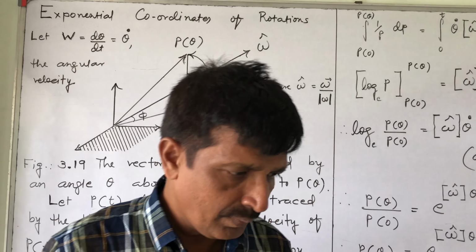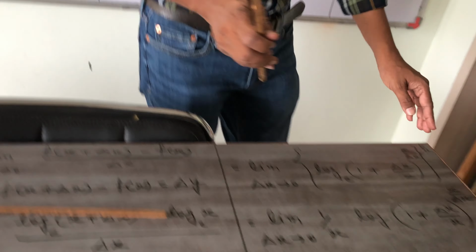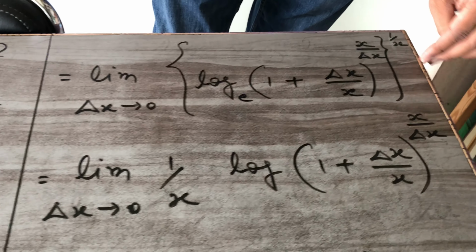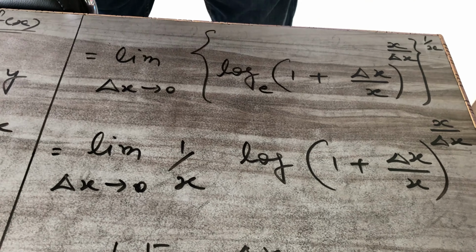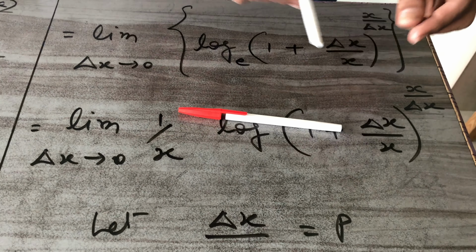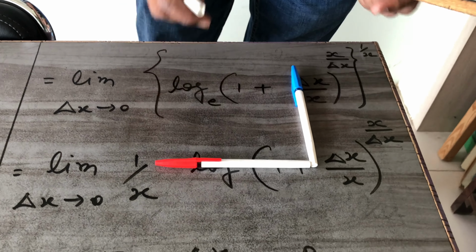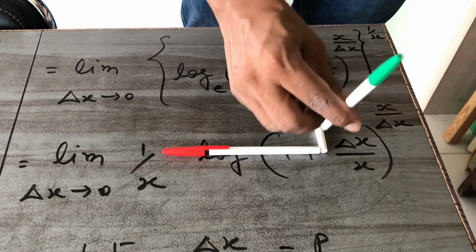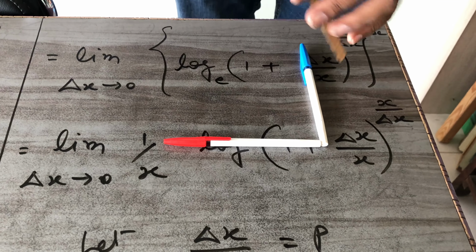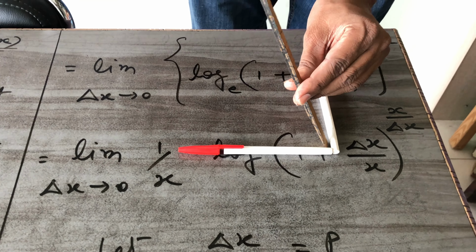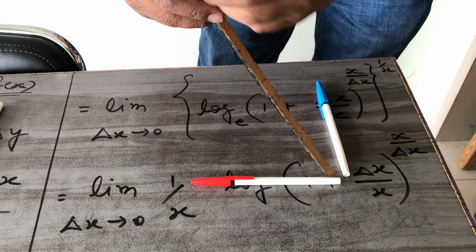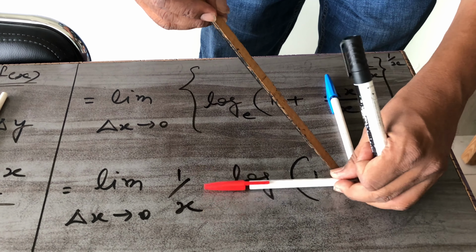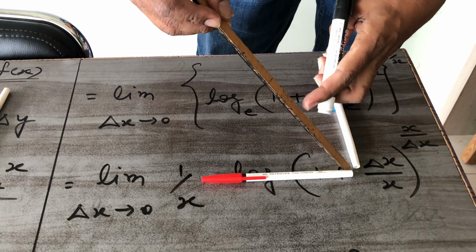See here. Suppose this one is x, this one is y, and this one is z. This is omega cap, and this is the initial vector p naught.